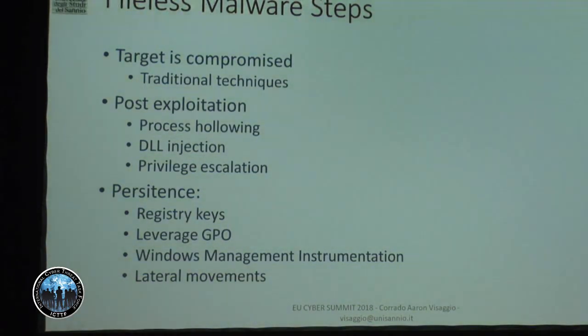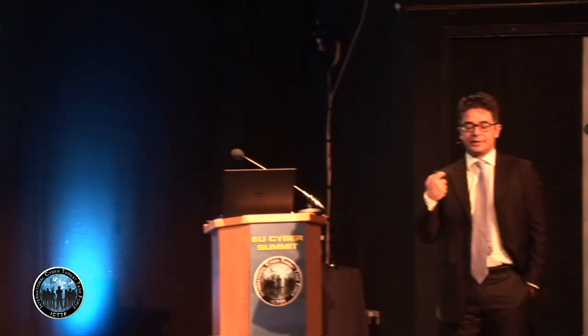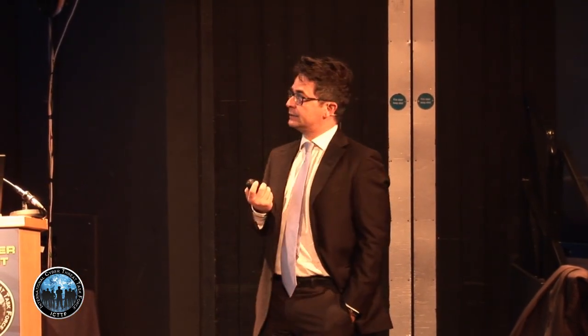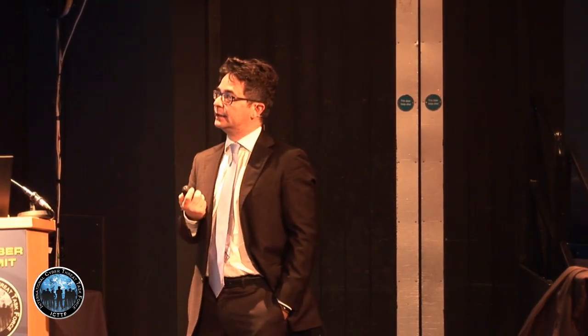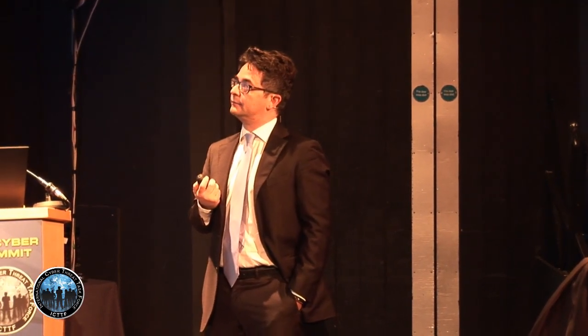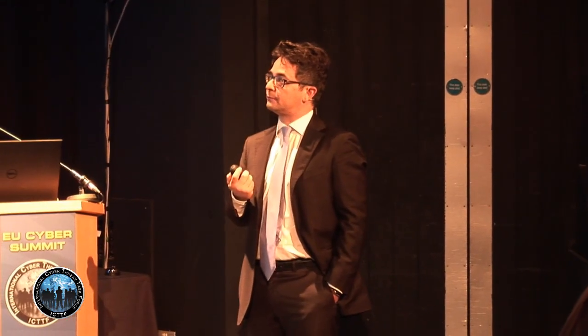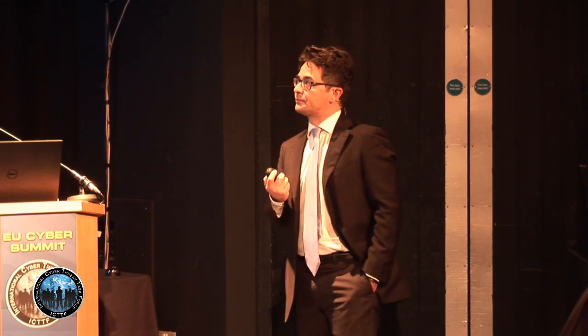Fileless malware exploits basically process hollowing, DLL injection, privilege escalation. Basically, these are very known techniques. These techniques are not so new. They are very old. They are in the wild since some years.